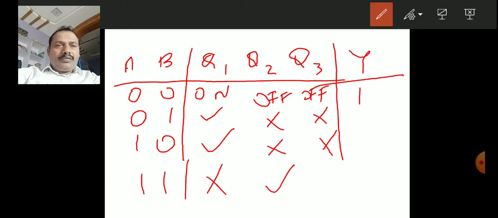Hence, both are on. Hence, for inputs 1, 1, the output is 0. So this is the truth table for the TTL NAND gate.